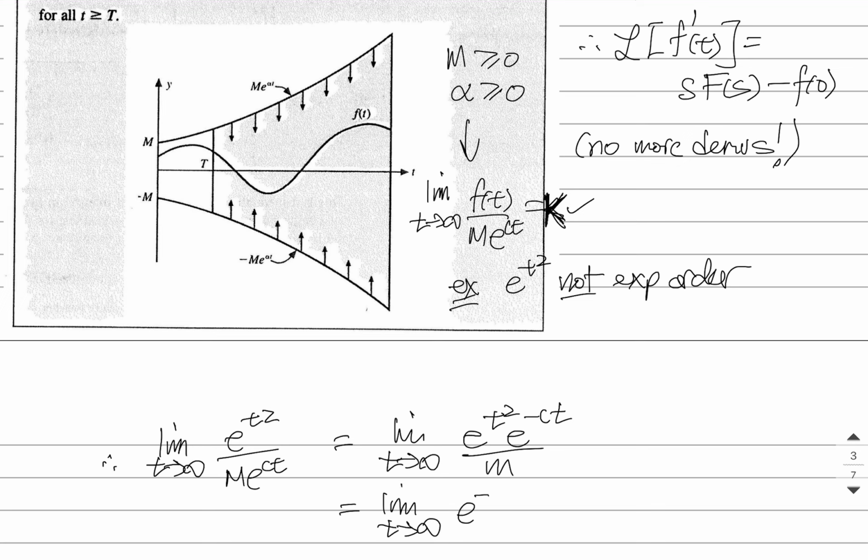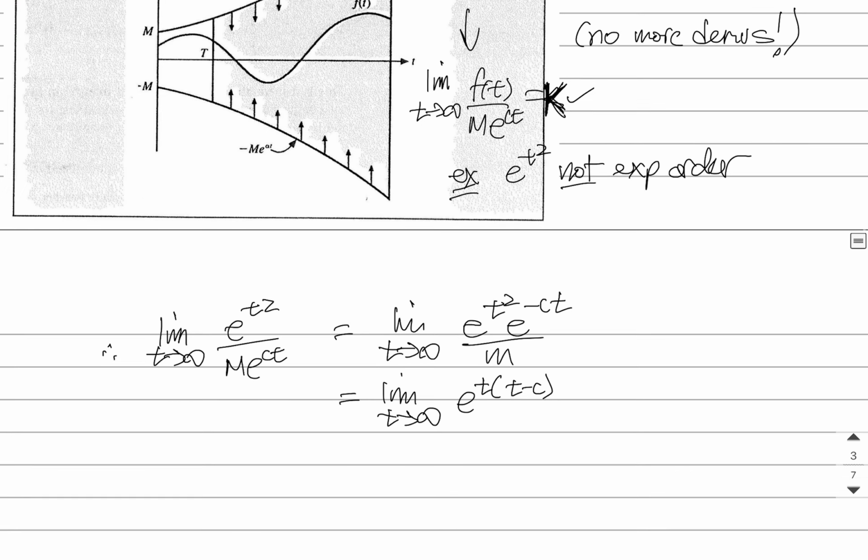Now, if I write this, it'll be t times (t minus c) for any value of c, this limit's going to go to infinity. As t goes to infinity, this whole limit goes to infinity. No matter what the value of c is, eventually t will dominate. Eventually t will get bigger, and that whole thing will go to infinity.